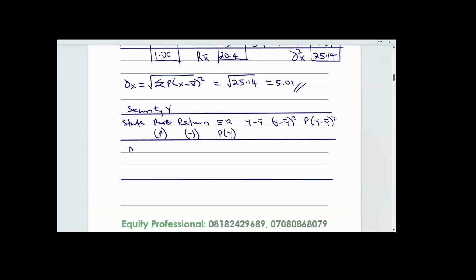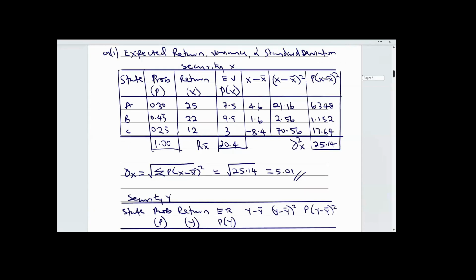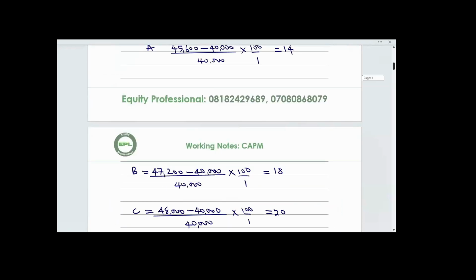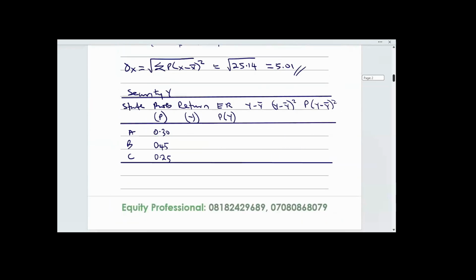State A, B, C. The probability remains the same as 0.3, 0.45, then 0.25. The return of security Y as computed by us is 14, 18, 20.